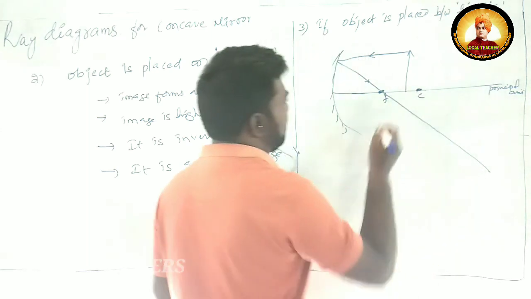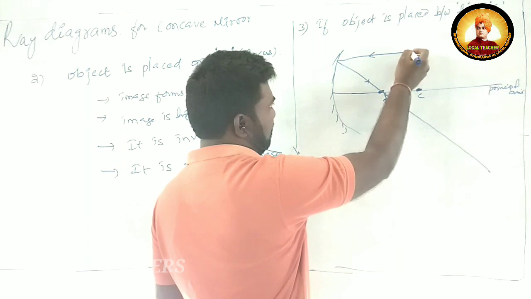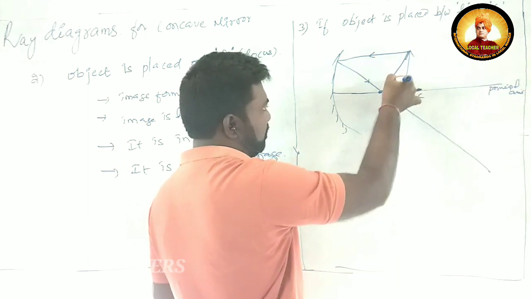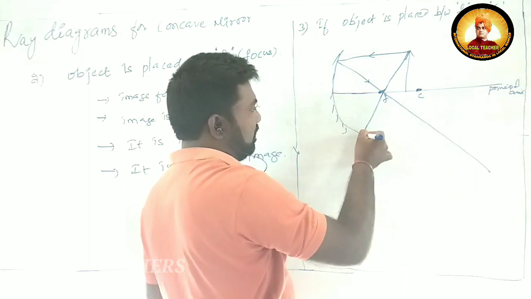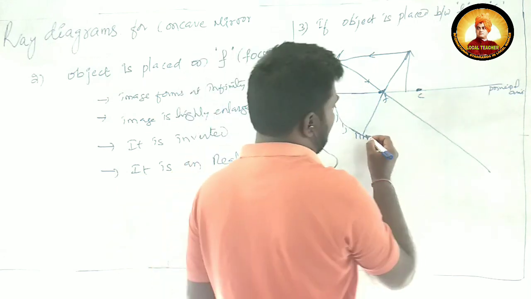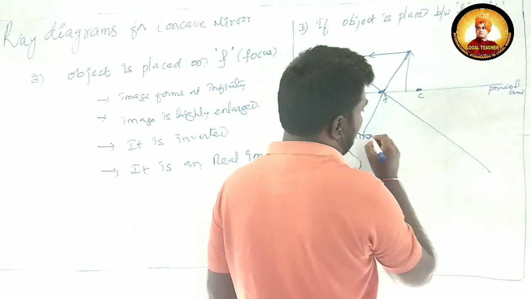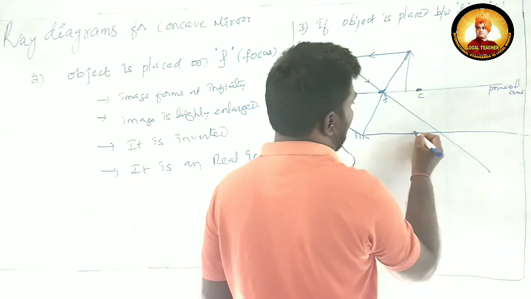Okay, so here I am considering another ray, which is traveling through the focus point and will fall on the mirror. After incidence, it will travel parallel to the principal axis.